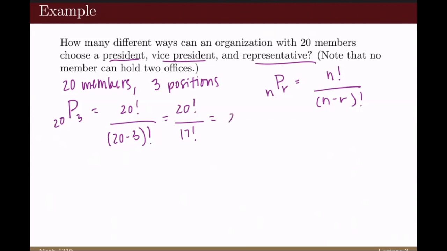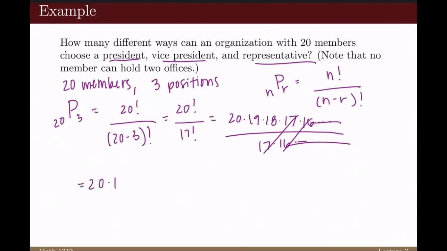So this is going to be 20 times 19 times 18 times 17 times 16, etc. The bottom is 17 times 16, etc. So I can cancel out the whole 17 factorial. So this is going to equal 20 times 19 times 18. This is equal to 6840.